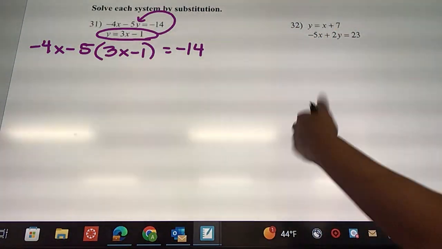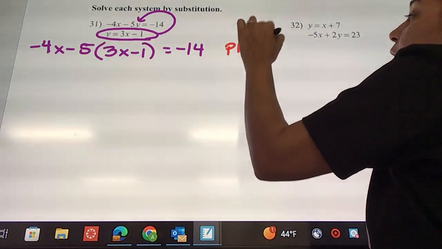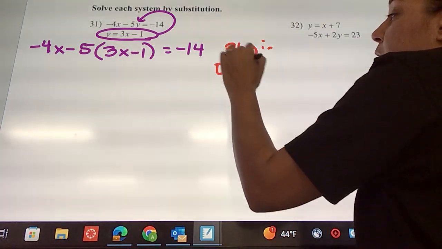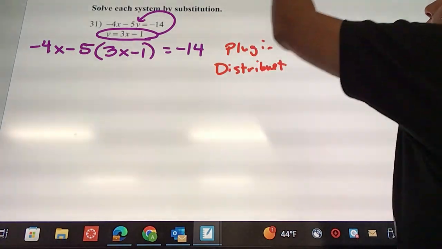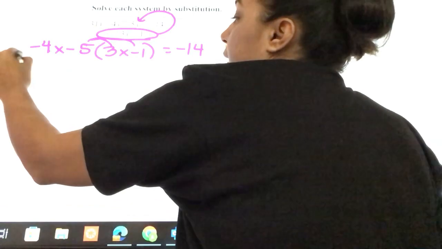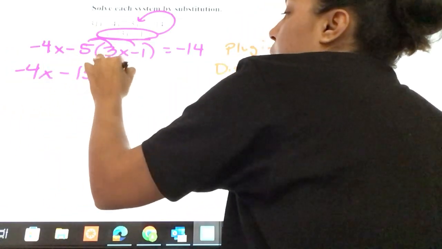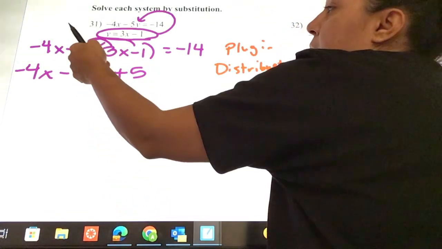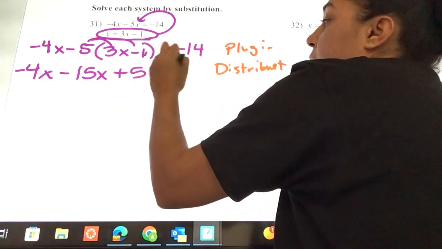Okay, so our first step is to plug in, and we can maybe even write some steps. Plug in. Our next step, I already know, is going to be to distribute. So we're going to say -4x minus 15x plus 5, okay? -5 times -3 is -15, and -5 times -1 is +5.